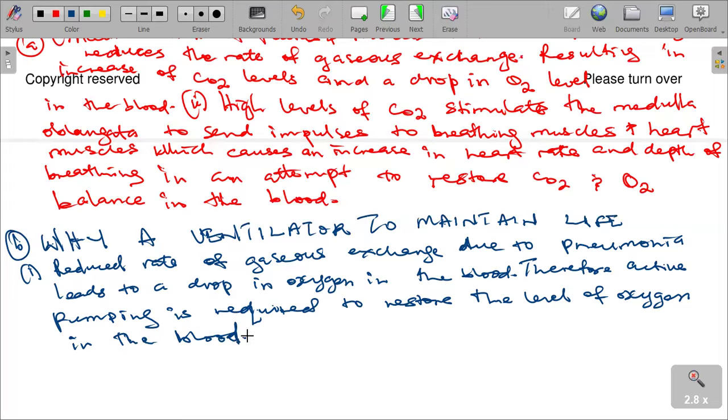So to maintain the optimal rate of cellular metabolism, it is supposed to be on life support.